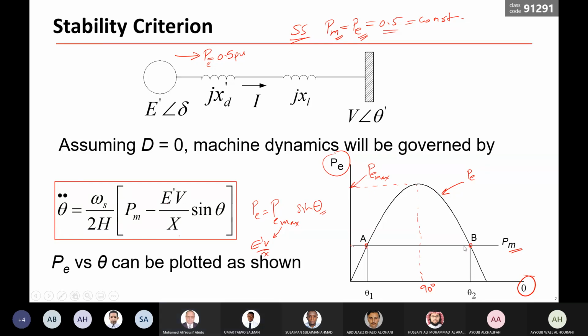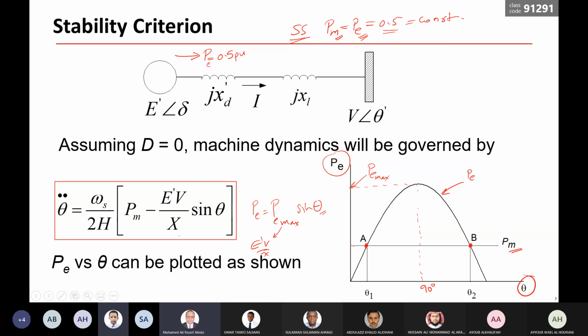Both, because the machine can operate here at A, and the machine also can operate here at B. But which one is the proper or appropriate one? Or we can say the stable one. Which one?